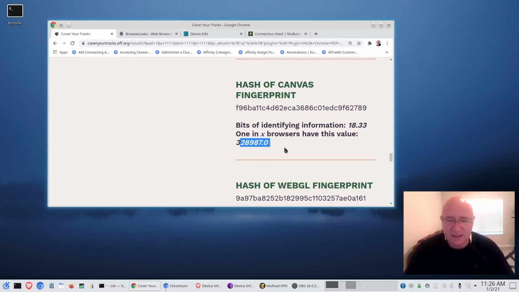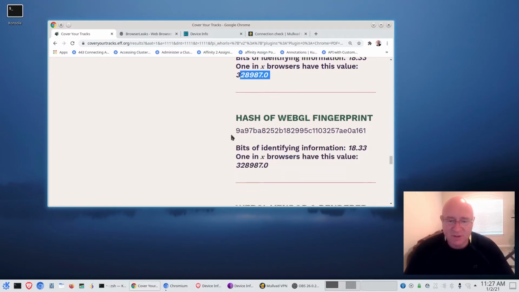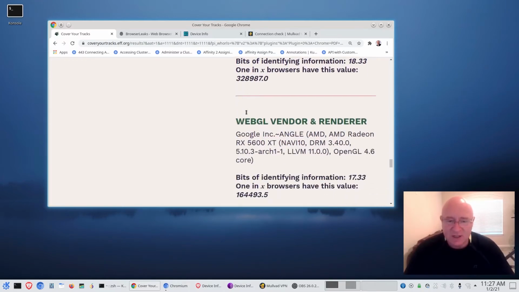It's not really that niche. But my video card is an AMD chipset 5600 XT, which is just one of many different chipsets for video cards. But a combination of that and my RAM and all these other items help contribute to this particular fingerprint and other fingerprints. It's the same thing with here, WebGL.